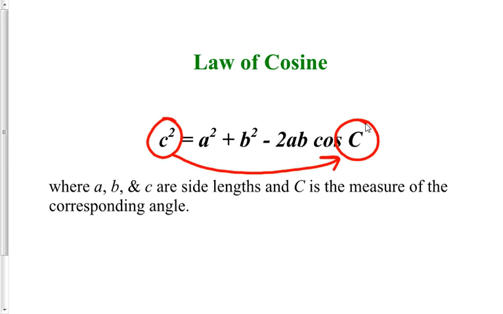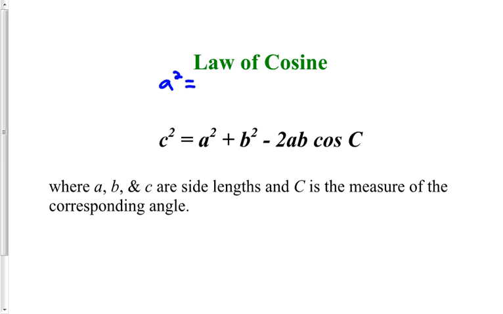What that means is that if we happen to be asked to solve for side A, then we would want to put a squared out in front, which means cosine of angle A would have to go at the end. And then the other two side lengths would go in the other four spots. So this would be b squared plus c squared minus 2bc times the cosine of angle A.